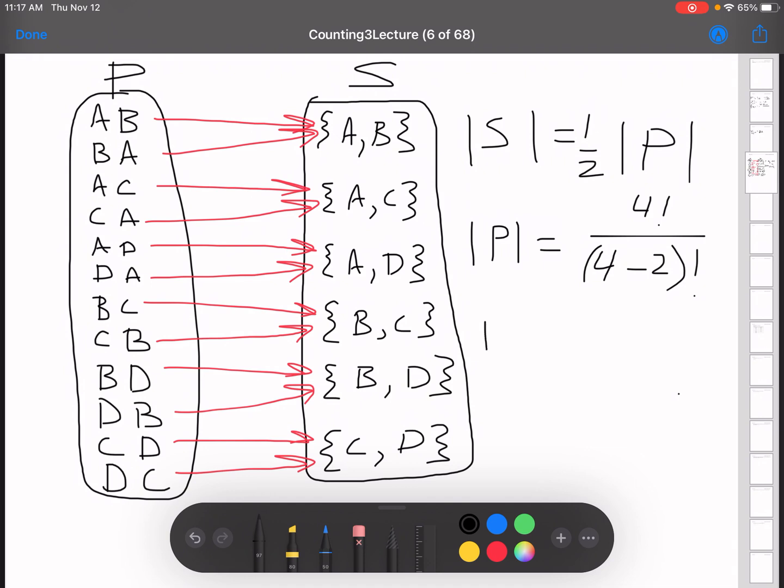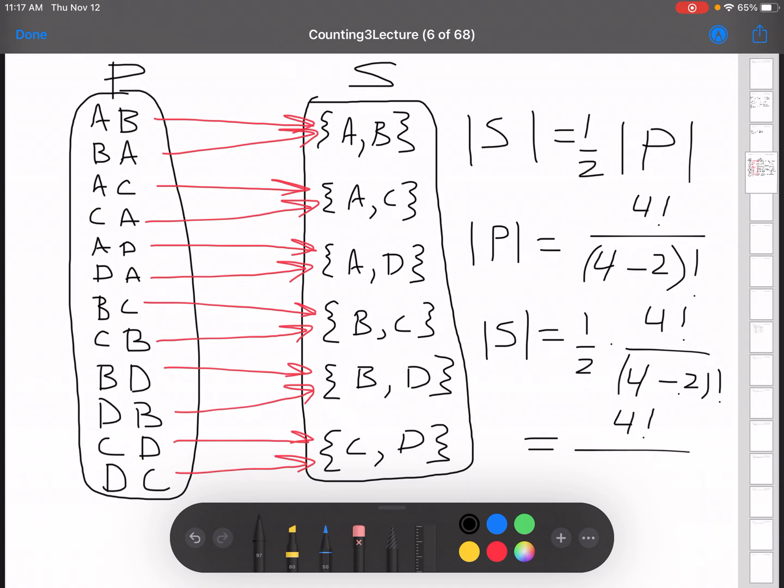Okay, so that tells us that the cardinality of S, whatever it is, is equal to 1/2 times 4 factorial over 4 minus 2 factorial, which is equal to 4 factorial over 2 times 4 minus 2 factorial.